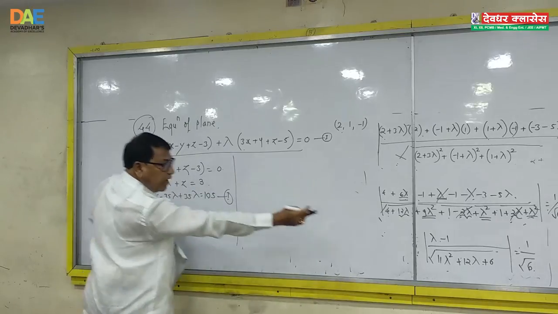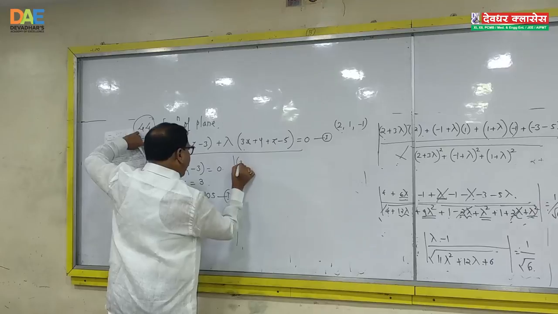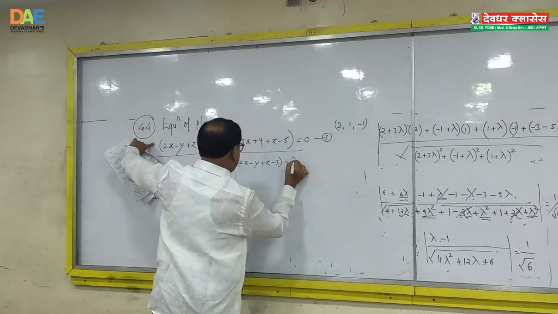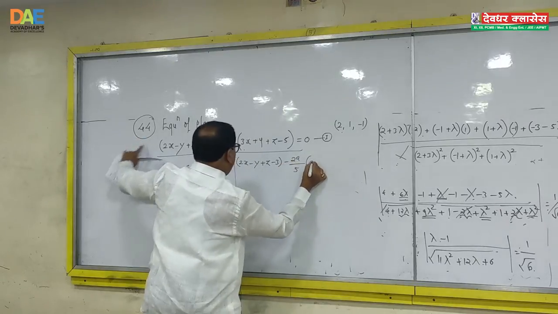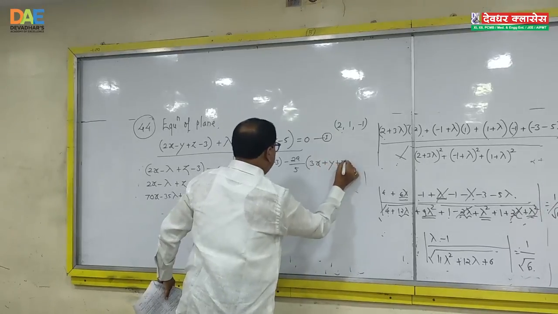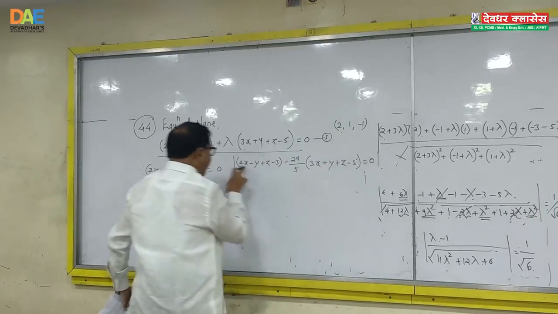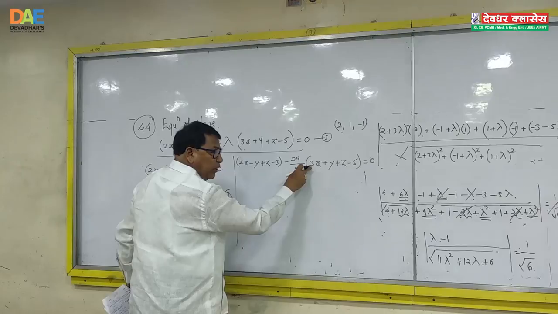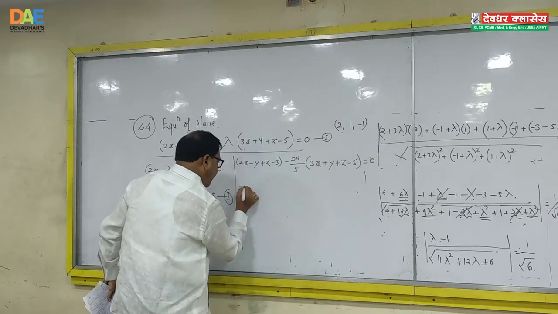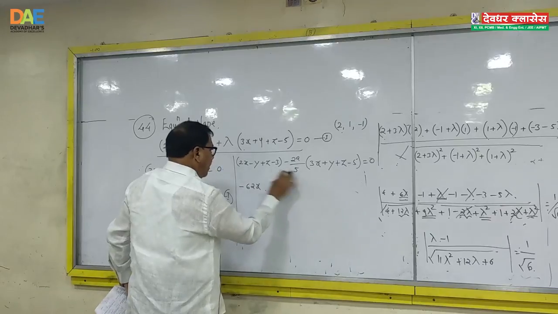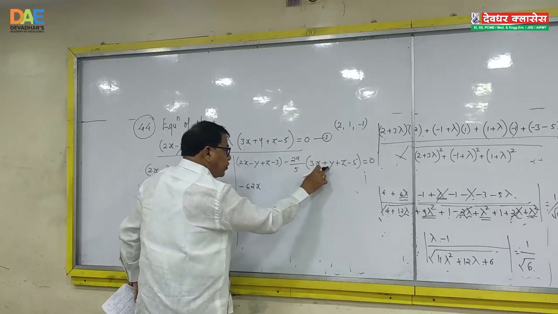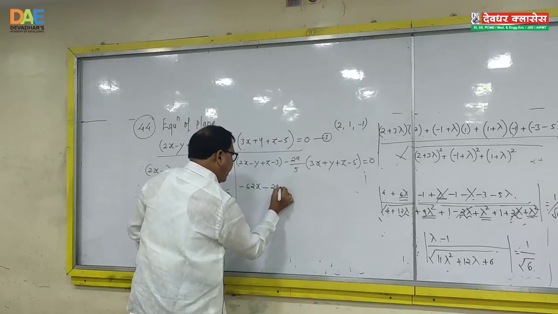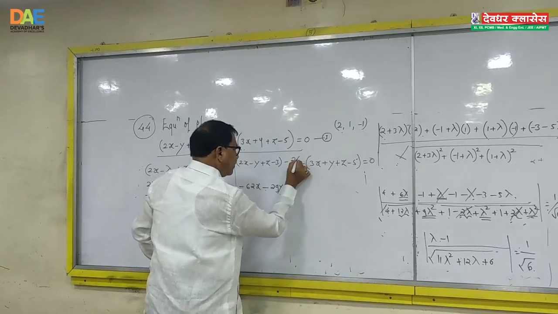And when I substitute λ = -24 upon 5 in (2x - y + z - 3) - 24 upon 5 into (3x + y + z - 5) = 0: 5 twos are 10, 24 threes are 72, so -72 plus 10 gives -62x. Then -5y and -24y gives -29y.